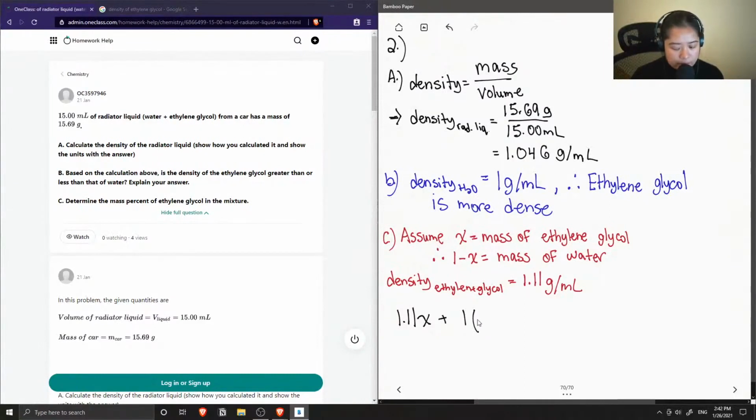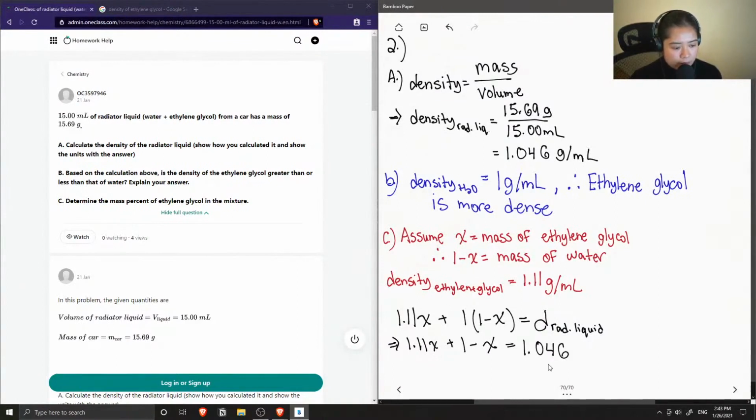And the water is described as 1 minus X. And if we were to add these values up, we get the density of our radiator liquid. So now let's just plug that value in. 1.11x plus 1 minus x, and I'll just simplify this. This is the same thing as 1 plus 0.11x is equal to what we found in part A, which is 1.046.